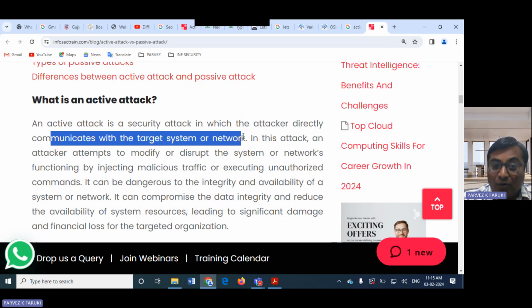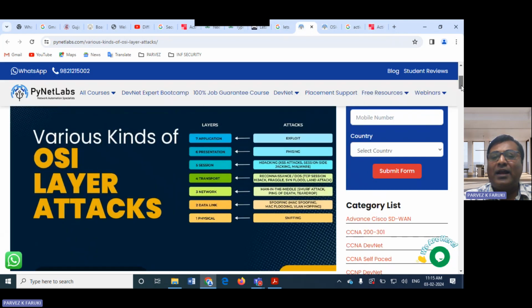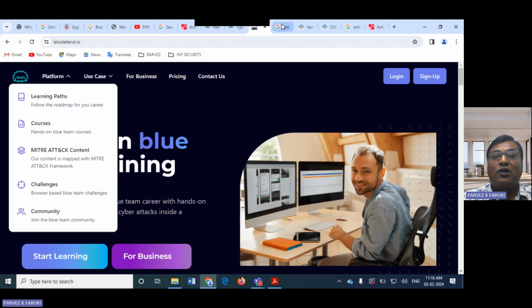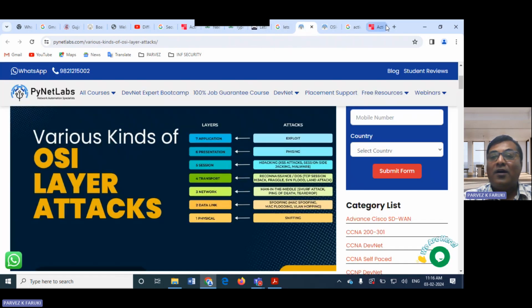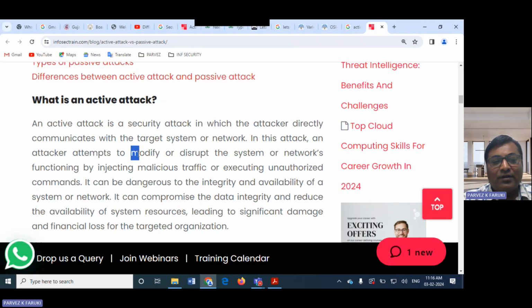So here now, using whatever information is available, if I am able to execute an attack like a hijacking, a man in the middle attack, spoofing, phishing, or use an exploit to attack the system, then I am actually performing, and I'm part of, an active attack. So now remember, I gave the examples of certain active attacks. Here, what does an attacker want to do? He wants to modify.